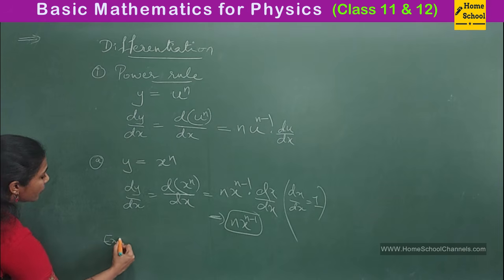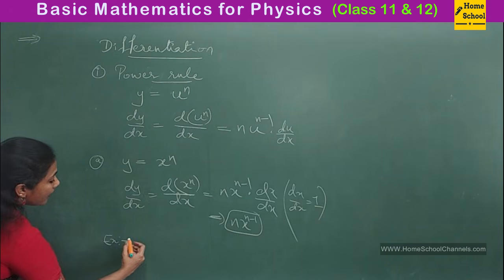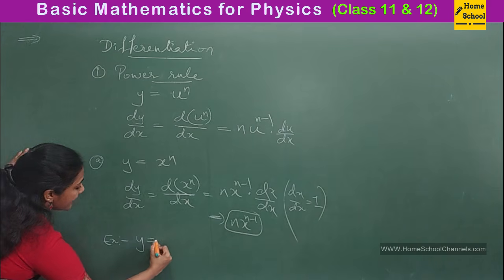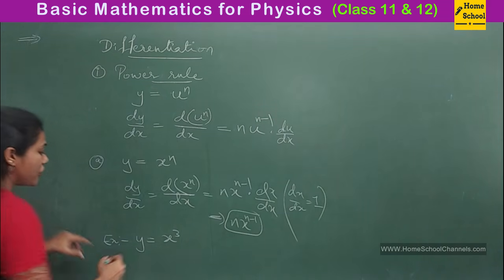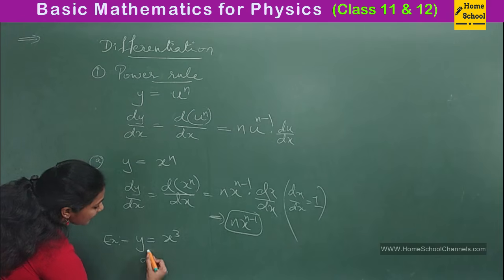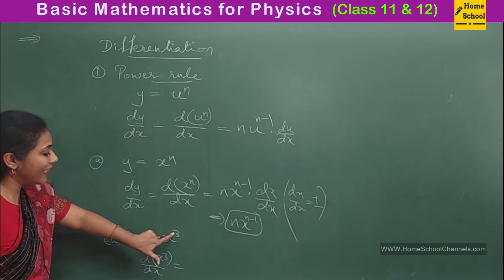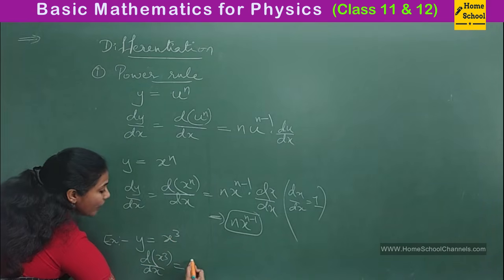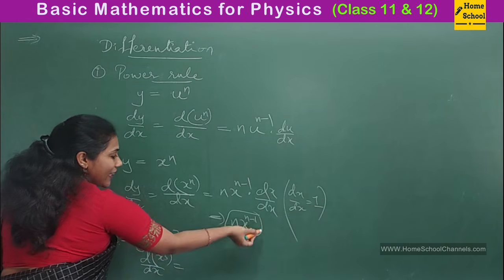Let me give one example of how we use this rule. You have y is equal to x cube, and you have to differentiate it. d of x cube by dx is equal to, what is your n? n is 3. So the format is n into x to the power n minus 1.